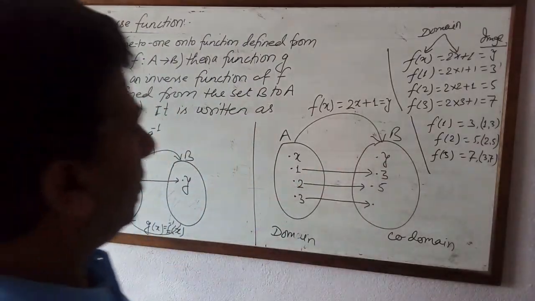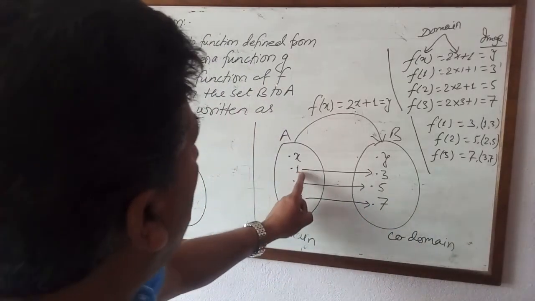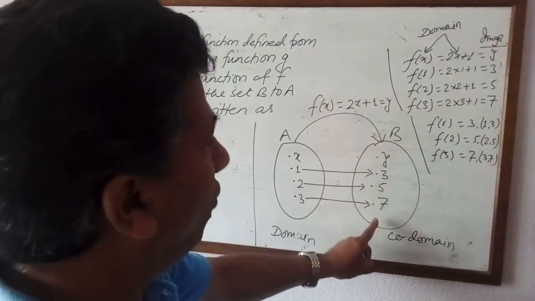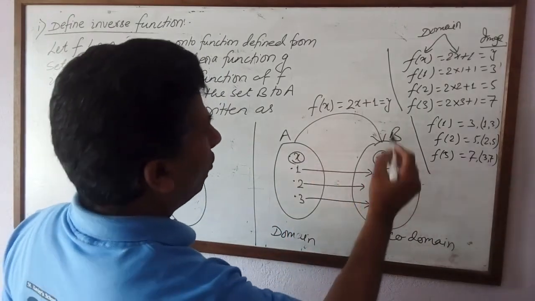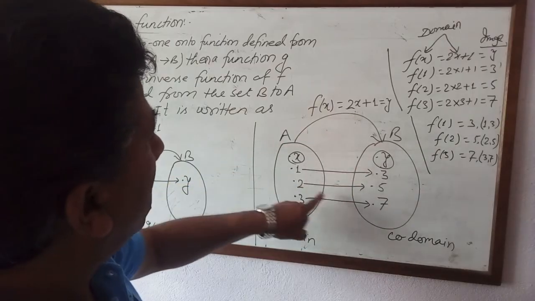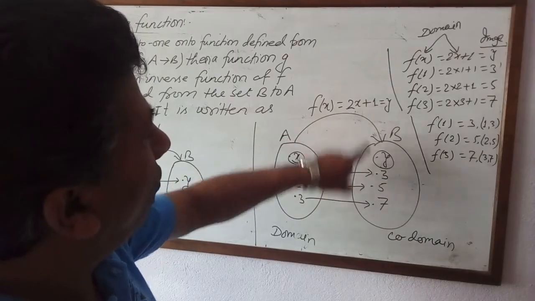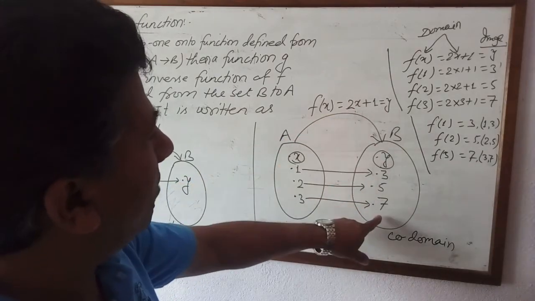I have given one example: 3 has image 7. Now this is a function, and this is a one-to-one onto function. In this function, 1 changes to 3, 2 to 5, 3 to 7.